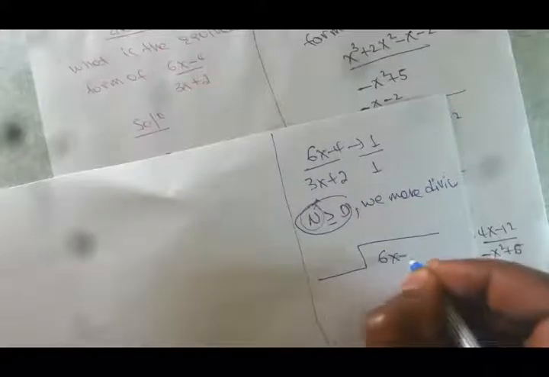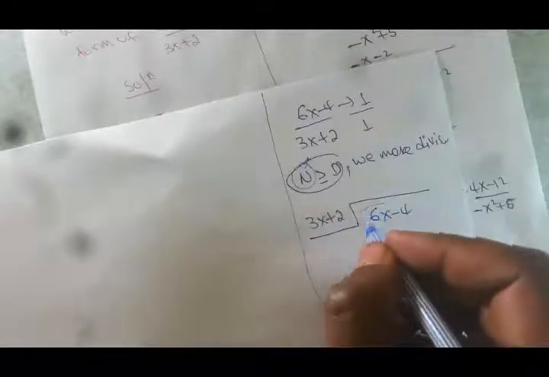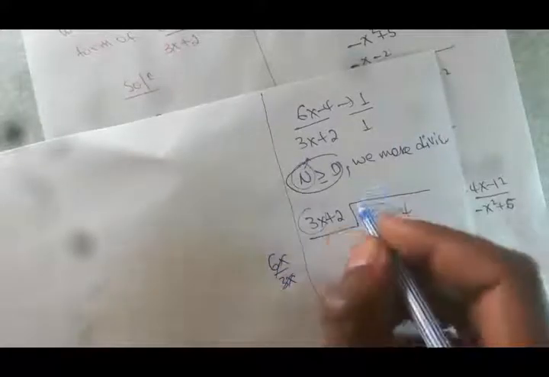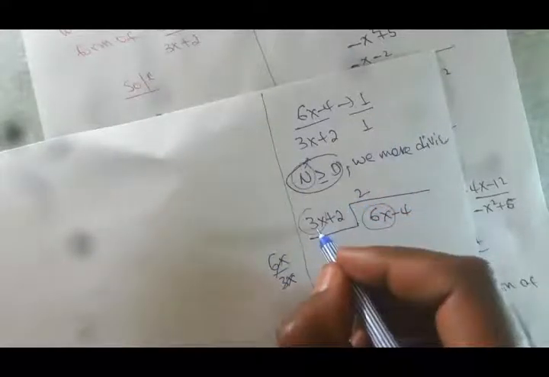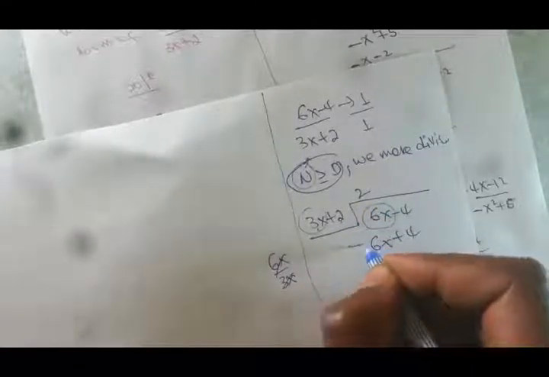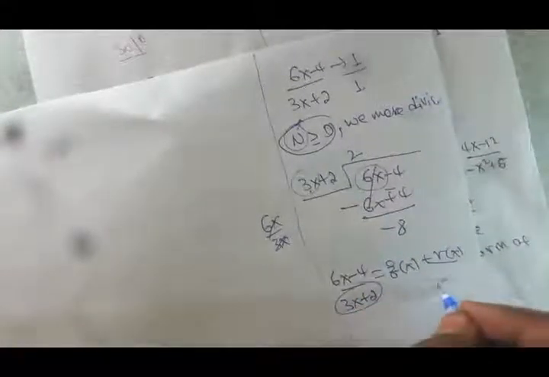Therefore, this is 6x minus 4 divided by the divisor 3x plus 2. Whenever we are given this, we divide by the first term. Therefore 6x divided by 3x is 2. Then 2 multiplied by 3x plus 2 gives 6x plus 4, which we subtract, so this is cancelled, leaving minus 8. Therefore, when 6x minus 4 over 3x plus 2 is divided, we get q of x plus r of x over the divisor, say d of x.